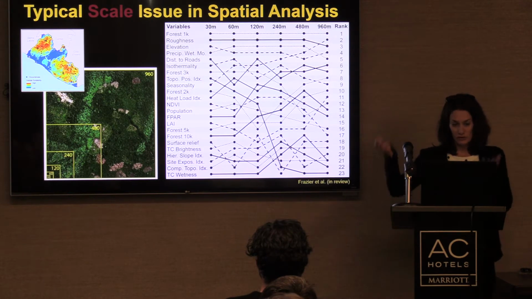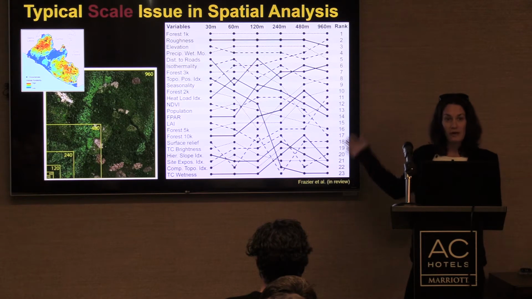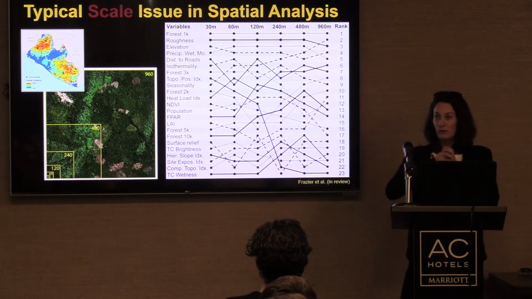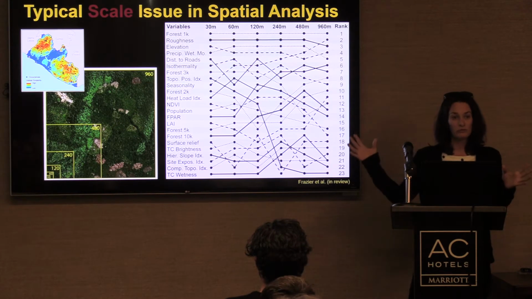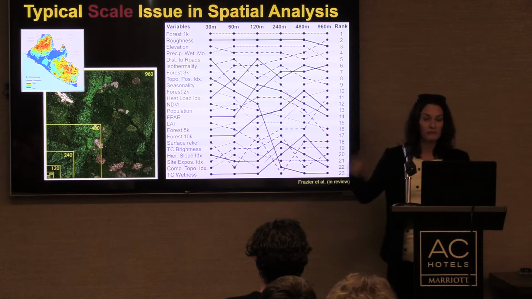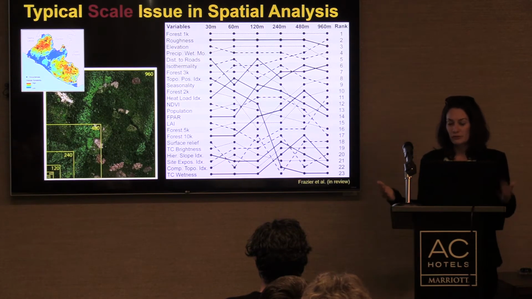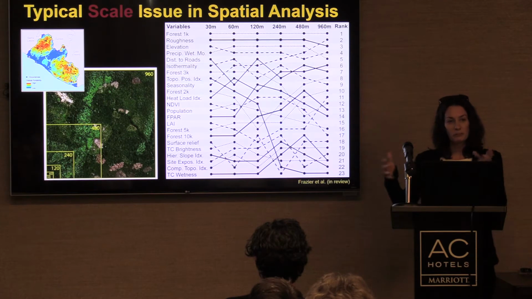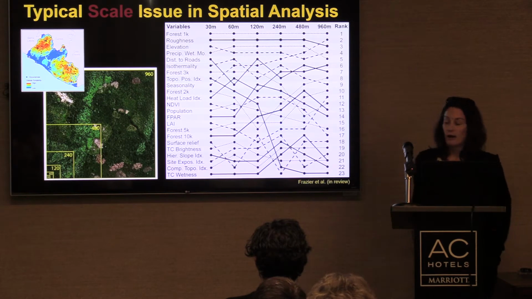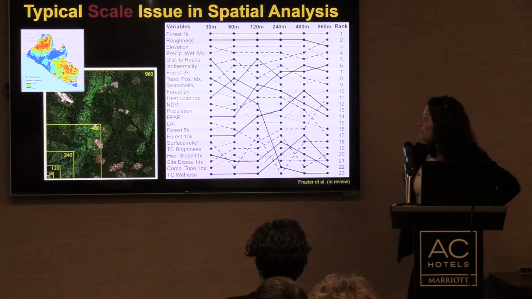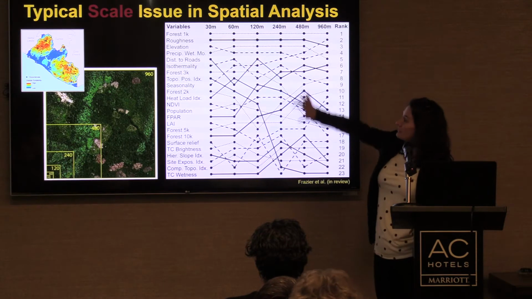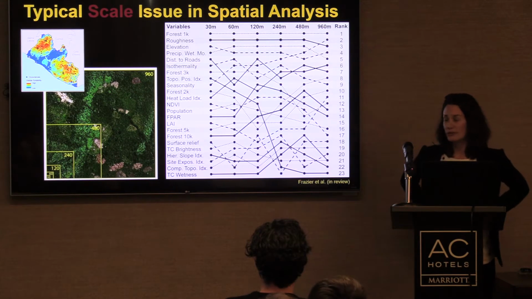So we followed Jingle's advice and we did multi-scale analysis, hoping that something would fall out of this, that some sort of domain of scale would present itself, something would emerge that would give us a good indication of where these variables start to stabilize. And what we got instead was this kind of hot mess of shifting ranks of our indicator variables.